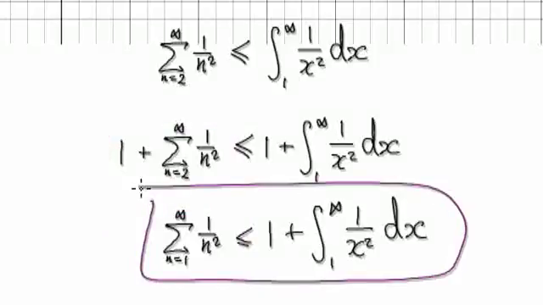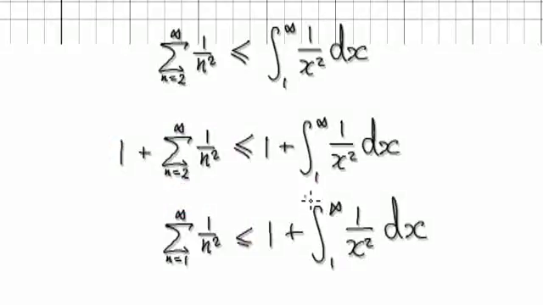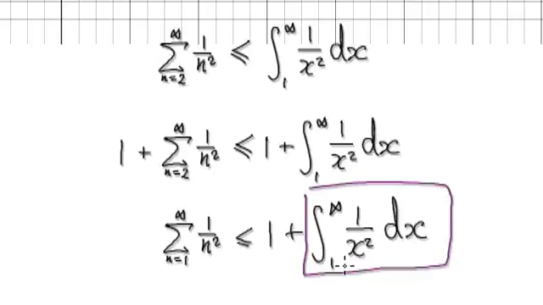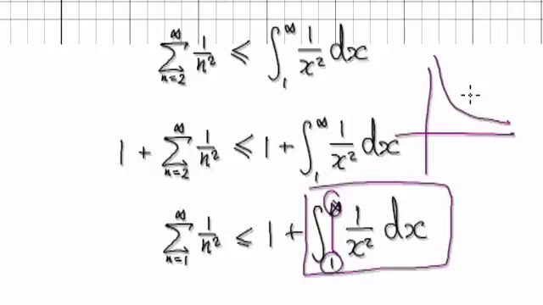Once you're here, we've done this many times in the past. The integral from 1 to infinity of 1 over x squared will converge. If you have the graph y equals 1 over x, when x is 1, this thing here is 1.